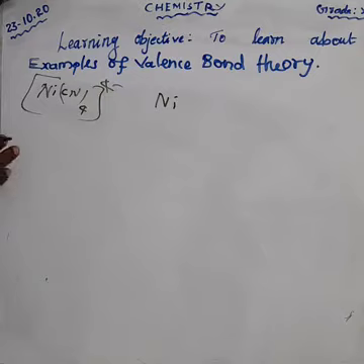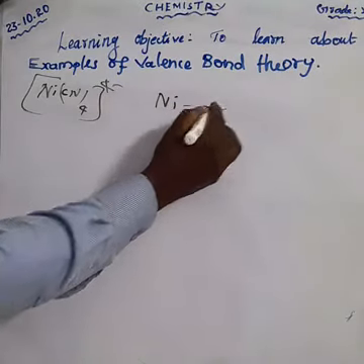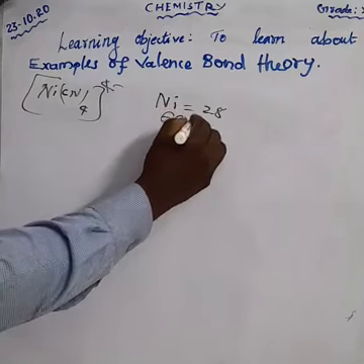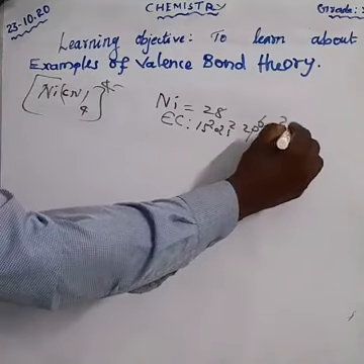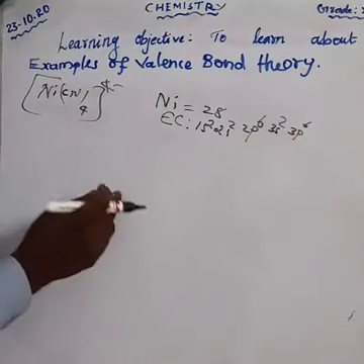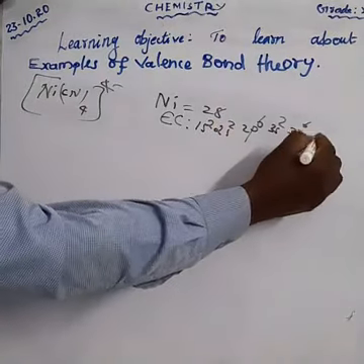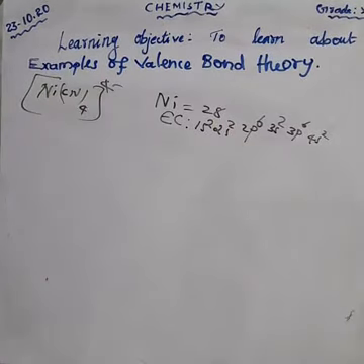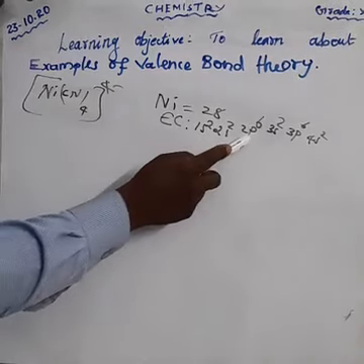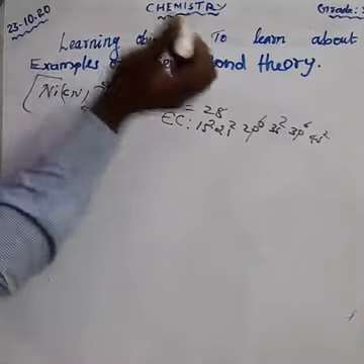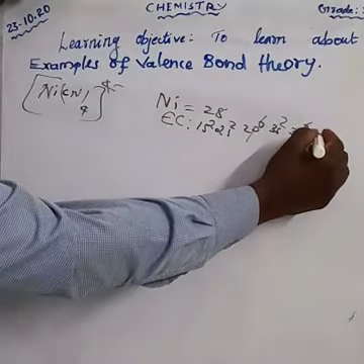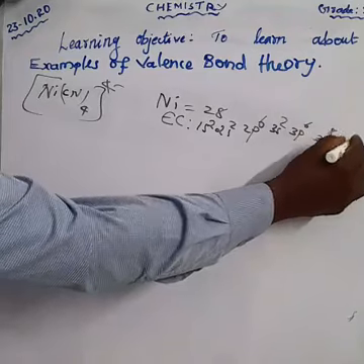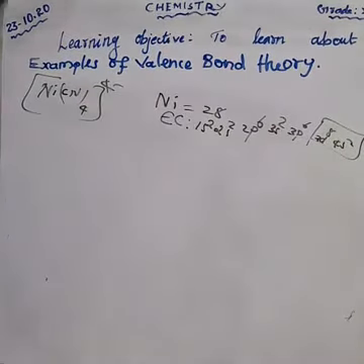Here we take the atomic number of nickel as 28. The electronic configuration is 1s2, 2s2, 2p6, 3s2, 3p6, 4s2, and then 3d8.